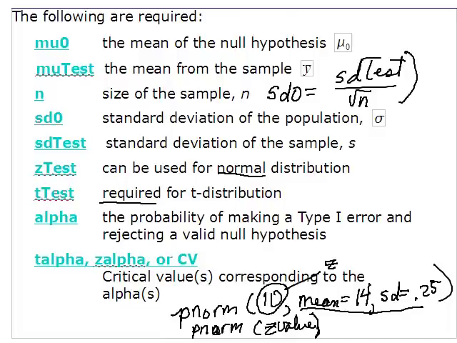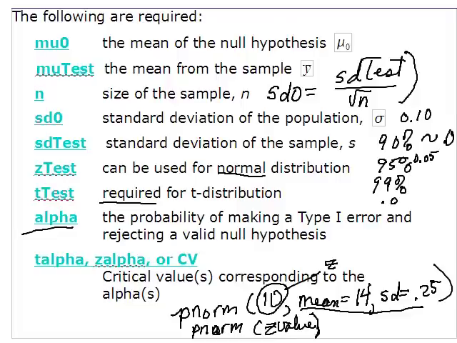So we have to decide the confidence level we're comfortable with, and of course we typically are using in this class 3 confidence levels: 90%, 95%, or 99%. These correspond to alpha values. We're looking at alpha now of 0.10, 0.05, and 0.01.